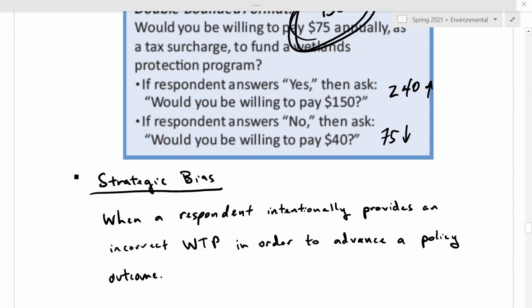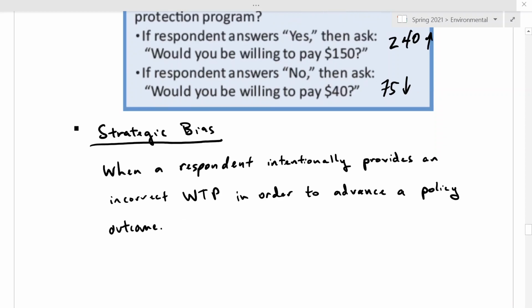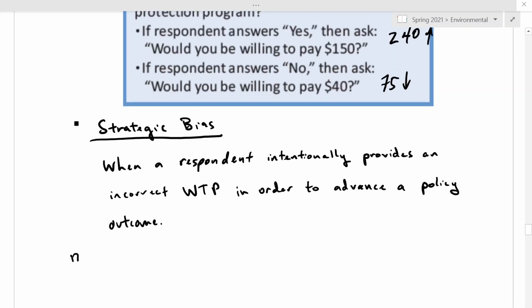So there's this strategic bias when people are really passionate about some topic. And then one more, there are many others, but one more that I'll talk about is protest bids.